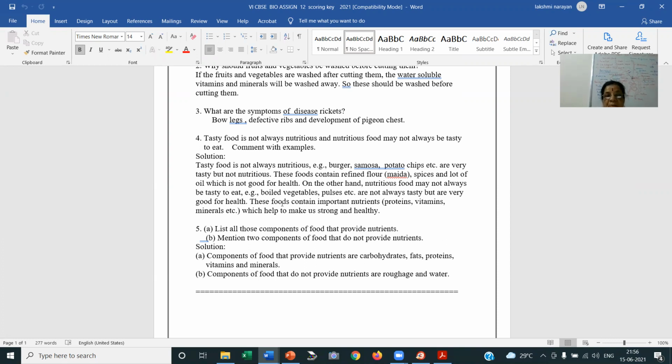The components that do not provide any nutrients are roughage and water, but they are a must for the food. Roughage has to be taken because it prevents constipation, and water is essential for every part of the digestive system. I hope you understand this.